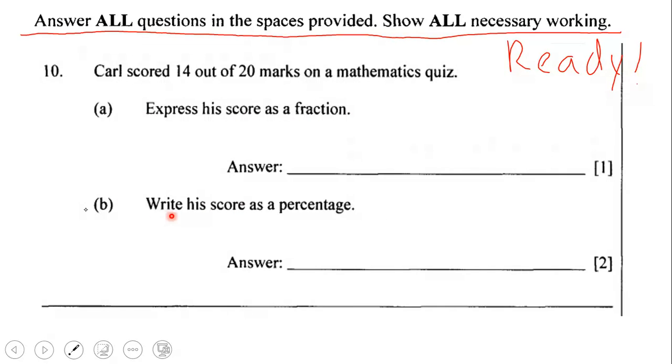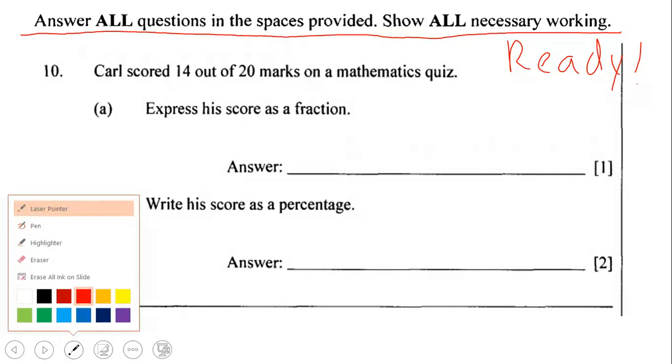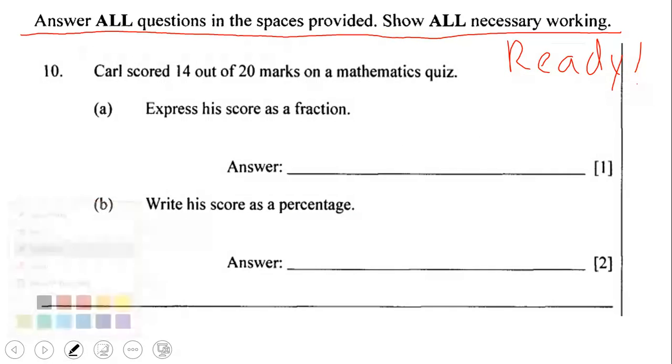And B says, write his score as a percentage. Now, I am going to give you an opportunity to attempt this question on your own. So I want you to pause this video, attempt the question, and I'll see you on the other side of the pause.